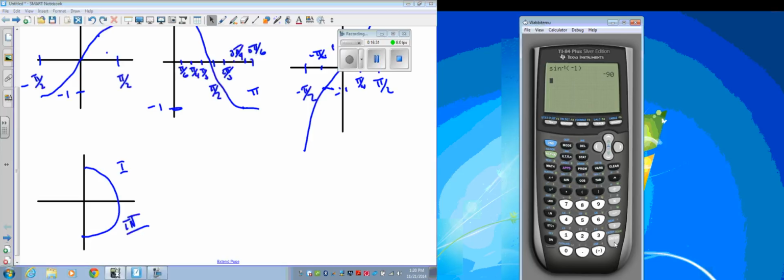That's what it's telling you right there, on page, look at that, page 265. It says when you do sine inverse, the interval is from minus pi over 2, or -90, to plus pi over 2, +90.